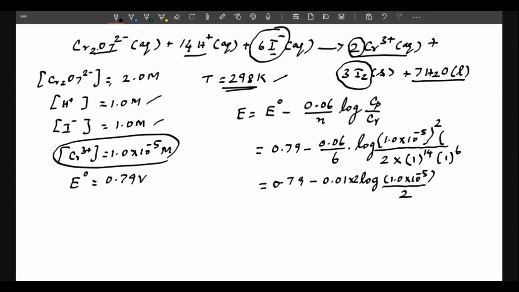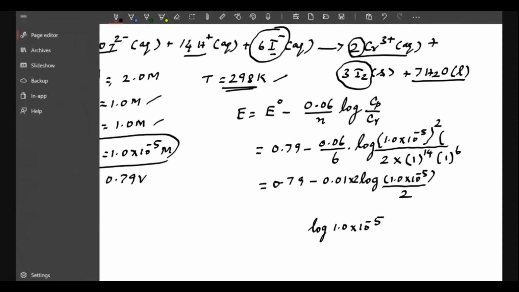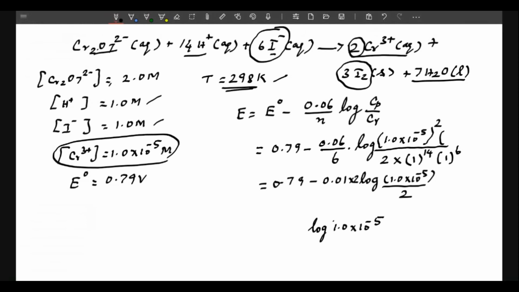How will you take this outside, log of 1 into 10 power minus 5? How can it be written? Log of A by B can be written as log A minus log B, minus log 2. Okay, you understand how to calculate this one.